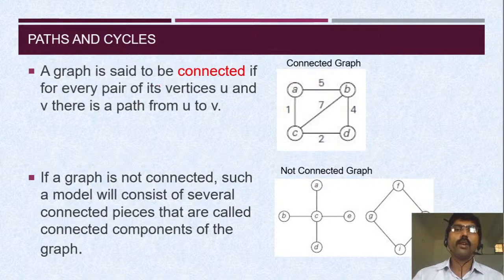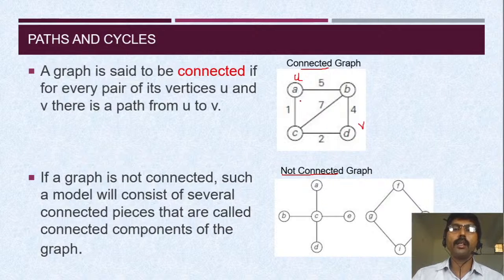The next one is called a connected graph and a disconnected or not connected graph. A graph is said to be connected if for every pair of its vertices U and V, there is a path from U to V. If you consider this one as U and this one as V, there is a path.